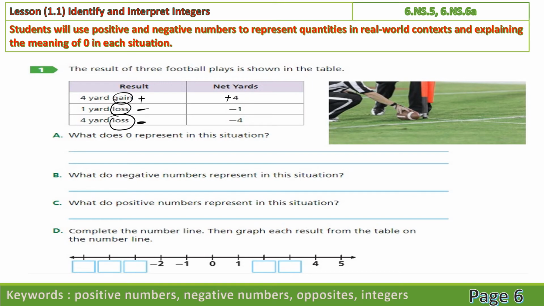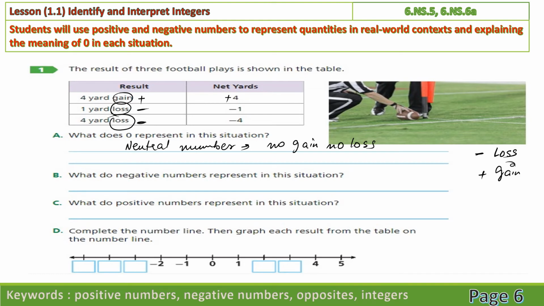What does 0 represent in this situation? 0 is a neutral number which shows that there is no gain and no loss. Because loss is represented by the negative number, gain is represented by the positive number.